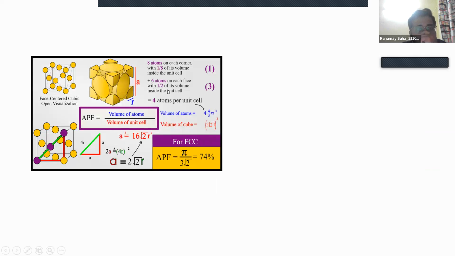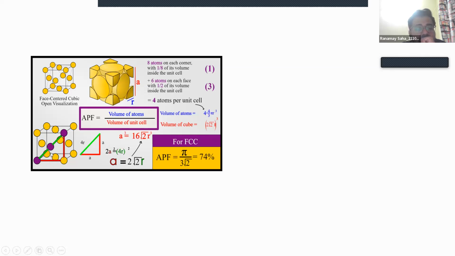Similarly, you can see the same thing happens for FCC also. Here it is rather simple because there is no body-centered atom. All the atoms are at the corners and some at the center of each face. If you consider this as a face, then this green line is given by 4R, and this red line is a, and this red line is a.